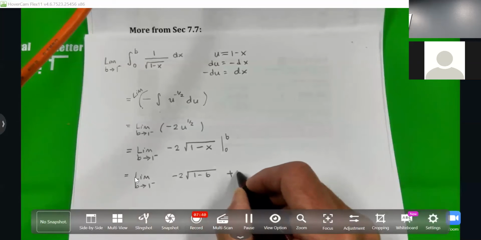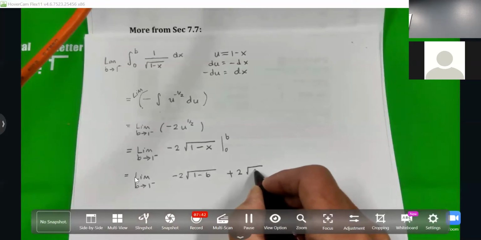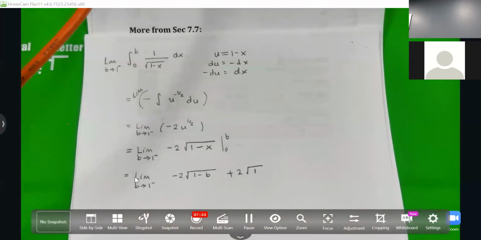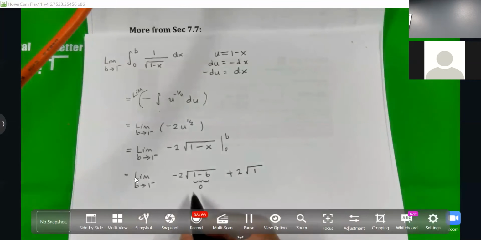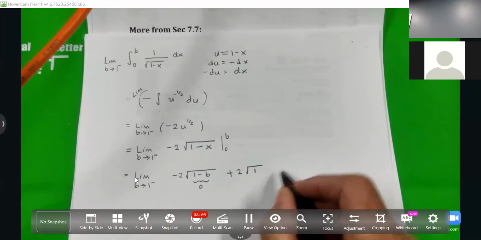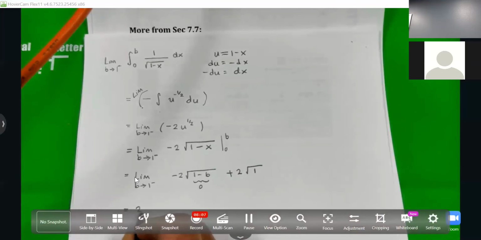When I subtract, I get a plus sign here and a square root of 1 there. Can you do that limit? As b goes to 1, 1 minus b goes to 0. Square root of 0 is 0. So this becomes 0 right there. And so we get 2 times the square root of 1, which is just 2. So the integral converges to 2.